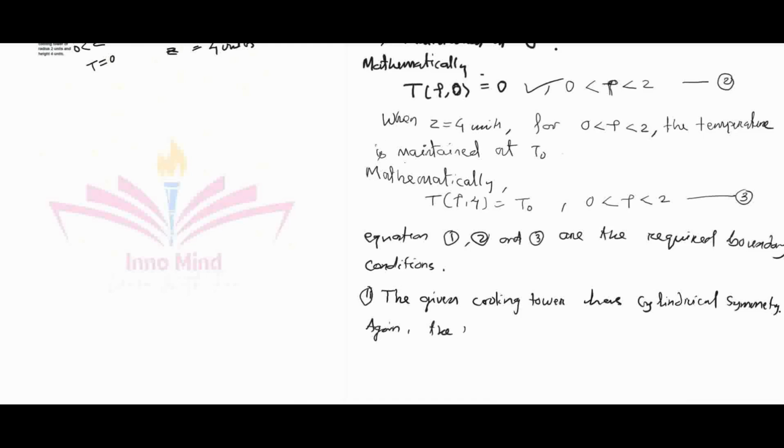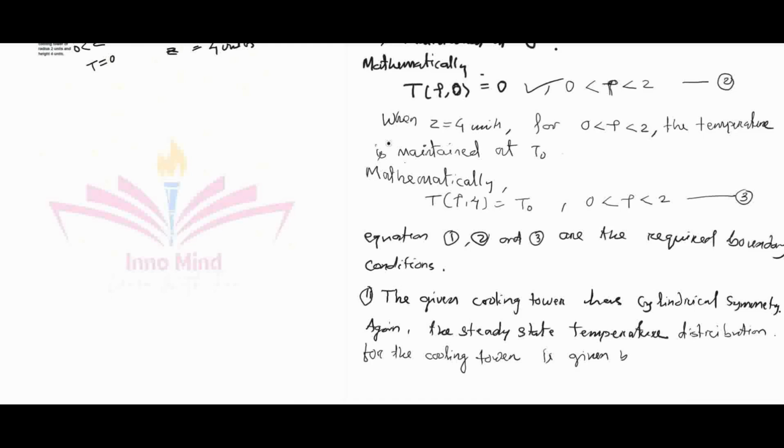the steady state temperature distribution for the cooling tower is given by del square T is equal to 0.